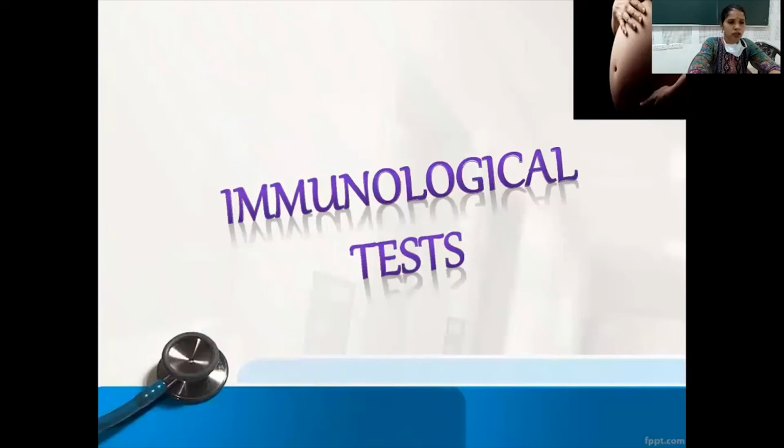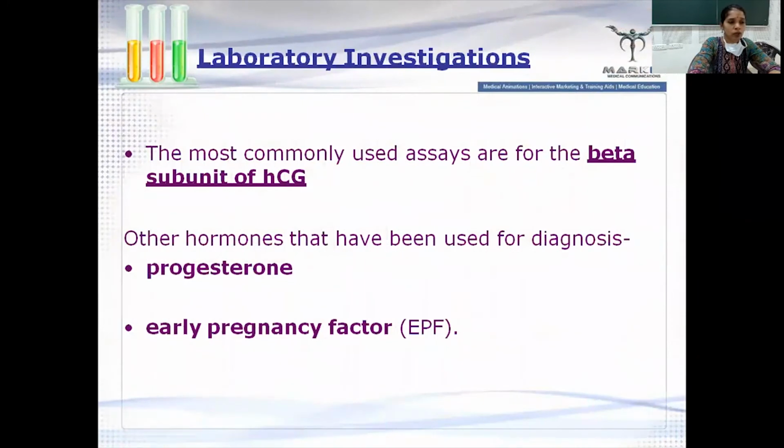So what are the tests we do in the first trimester? The most common is the pregnancy test. Once the pregnancy test is positive and ultrasound confirms it, we don't do these laboratory investigations so extensively for the immunological assays.